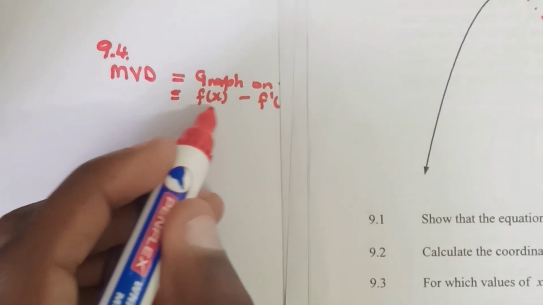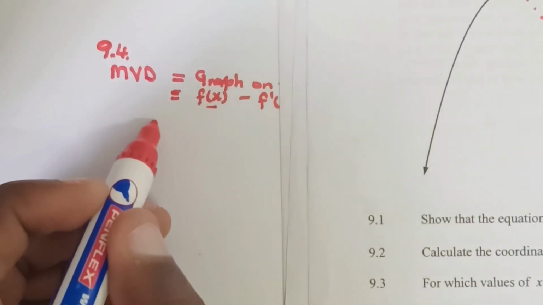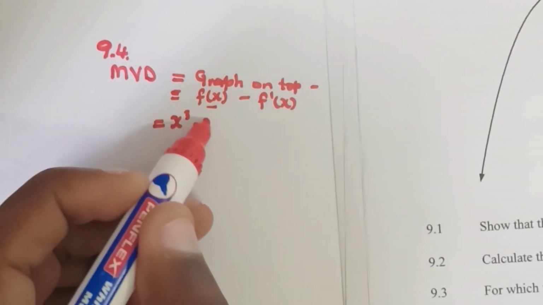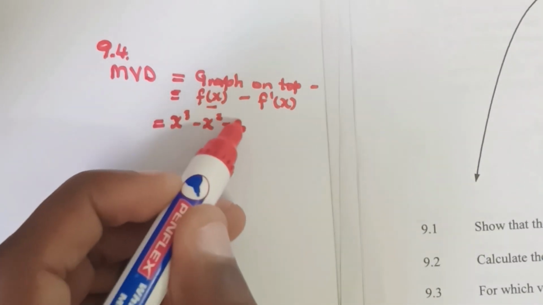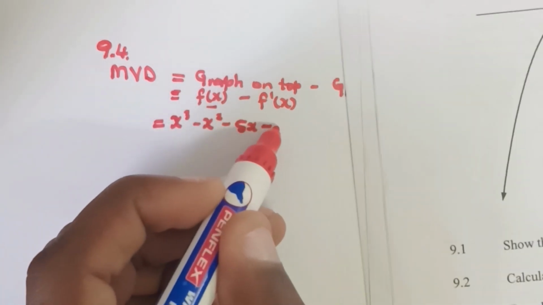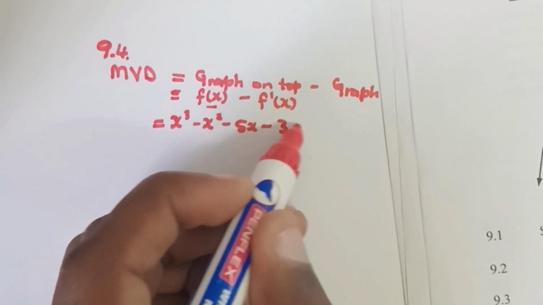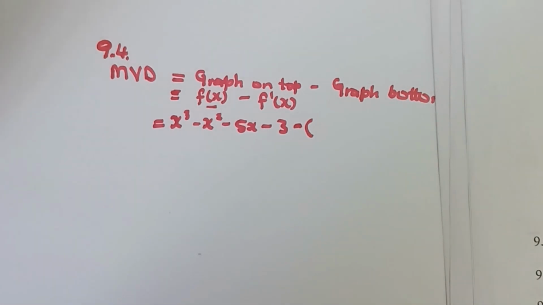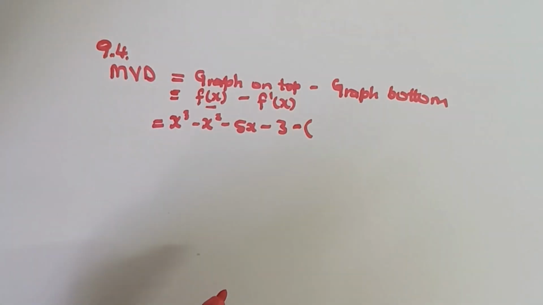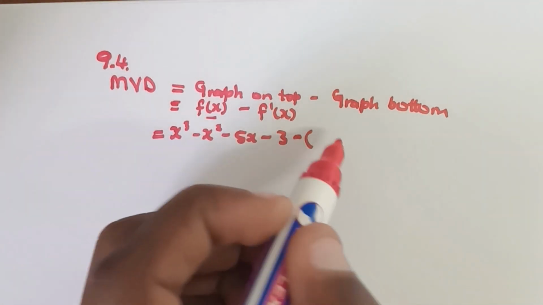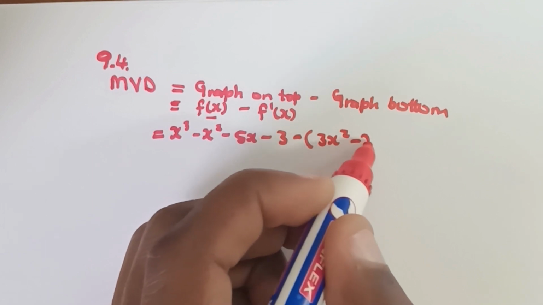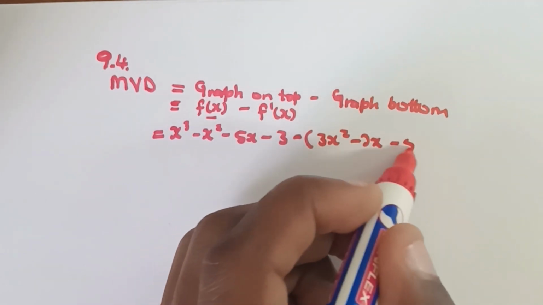And then we say minus, and our f prime of x is 3x squared minus 2x minus 5.